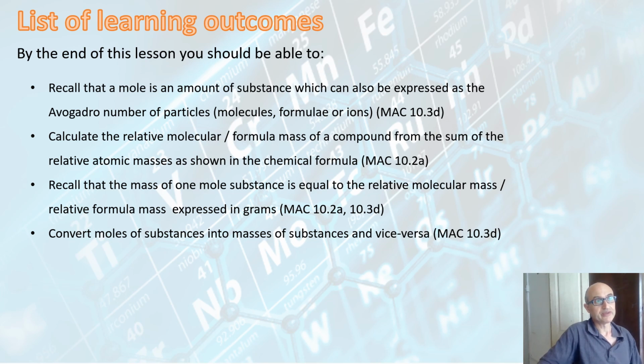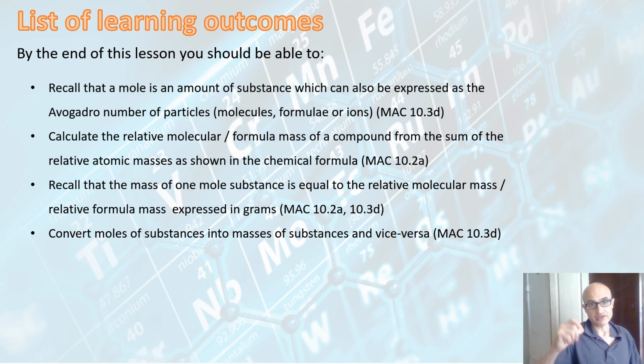You will also learn about calculating relative molecular mass and relative formula mass. We shall distinguish between the two terms by means of adding the relative atomic masses of the individual elements together.